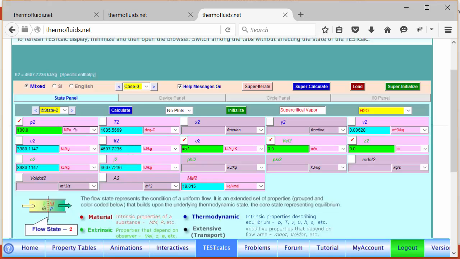The pressure at 2 is not 100 MPa, it is 100 kPa. Okay, that's better. Now the enthalpy 2455 matches what we got in our manual solution.